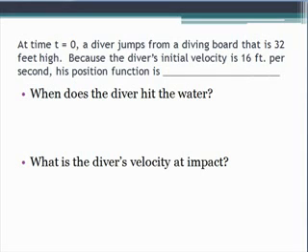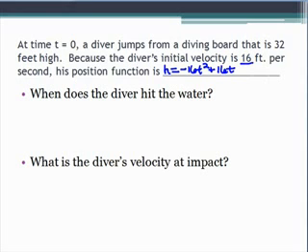So we have the height is equal to negative 16 t squared. And in for the v sub o, which is the initial velocity, we're going to put in 16.